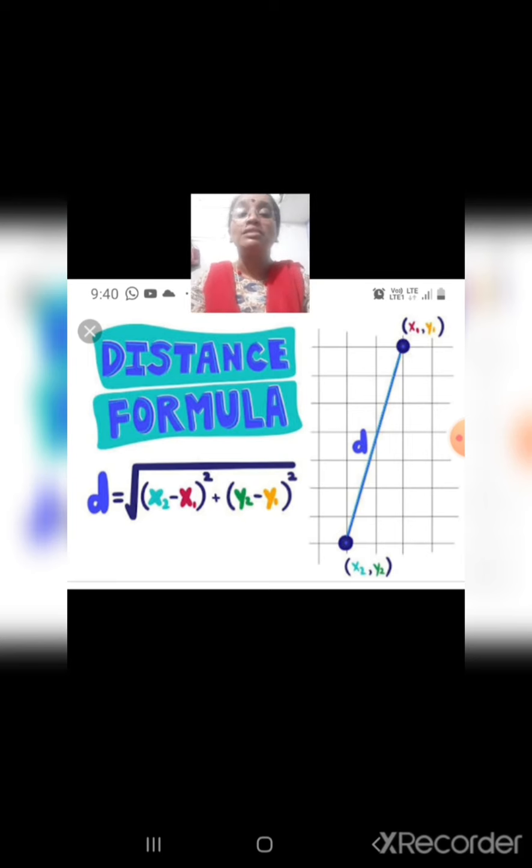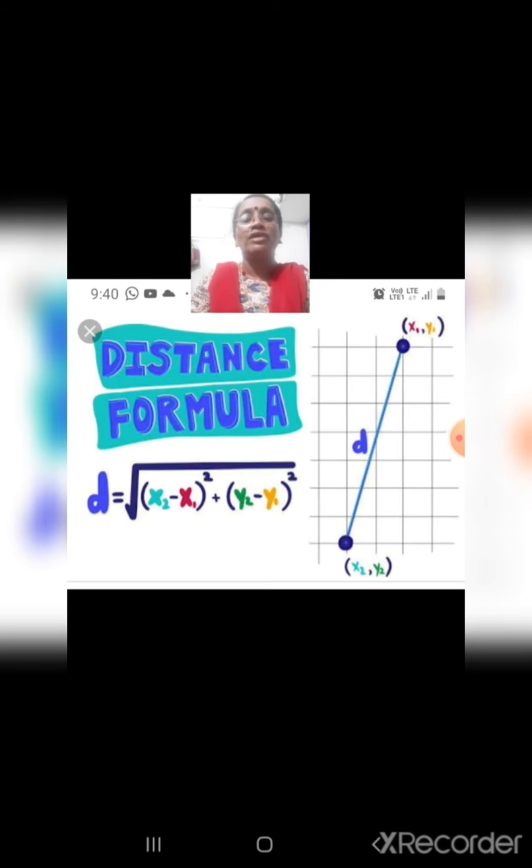What is the distance formula? The distance formula is a formula used to find the distance between 2 points in the coordinate plane, or xy plane, or Cartesian plane. You know a point in the Cartesian plane, how can you write that? (x, y). Here 2 points are there, no? So the first point is (x1, y1).